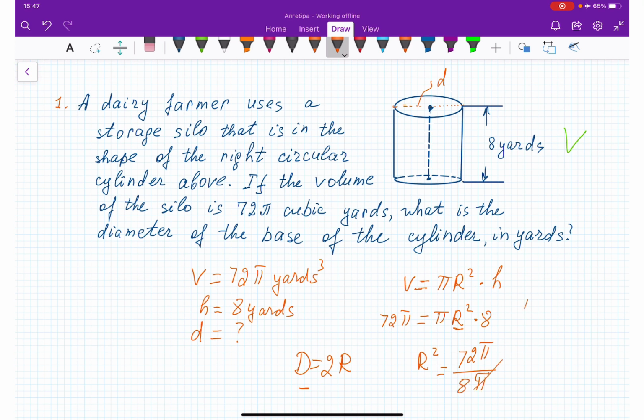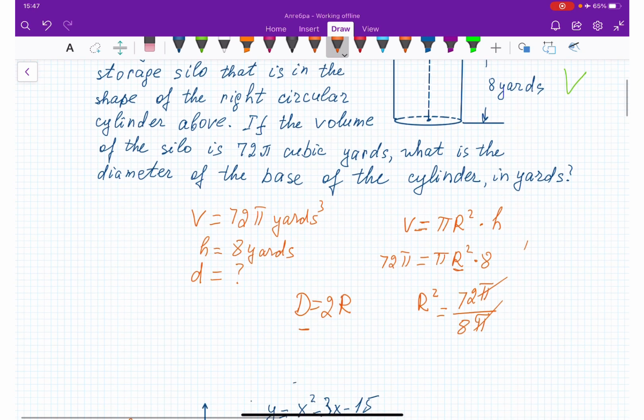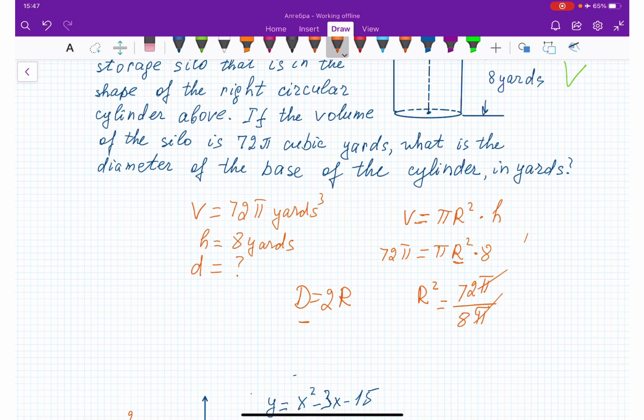So this pi is gone with this pi, and 72 divided by 8 is going to be 9. Yes? If radius squared is 9, hence radius is equal to 3, correct? And the diameter will be equal to 2 times the radius, which is going to be 6 yards. And that is our answer.